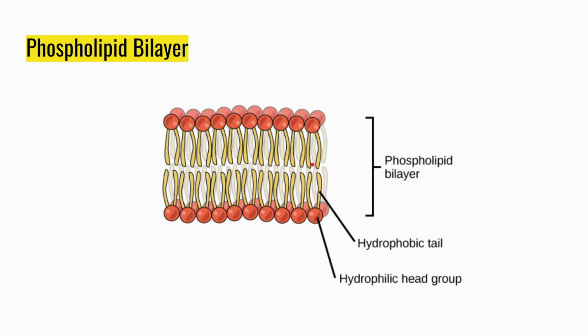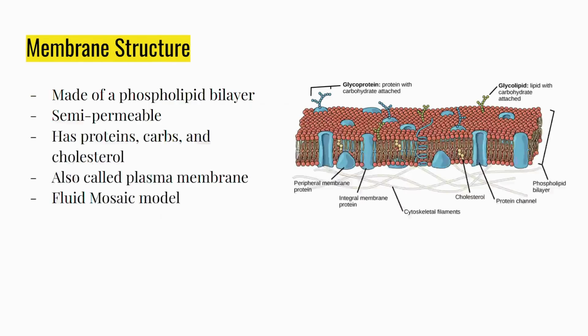Hence, it makes a phospholipid bilayer. And then within this phospholipid bilayer are embedded proteins and strengthened with cholesterol molecules. So here we can see some proteins, we can see cholesterol, and we can see carbohydrates.